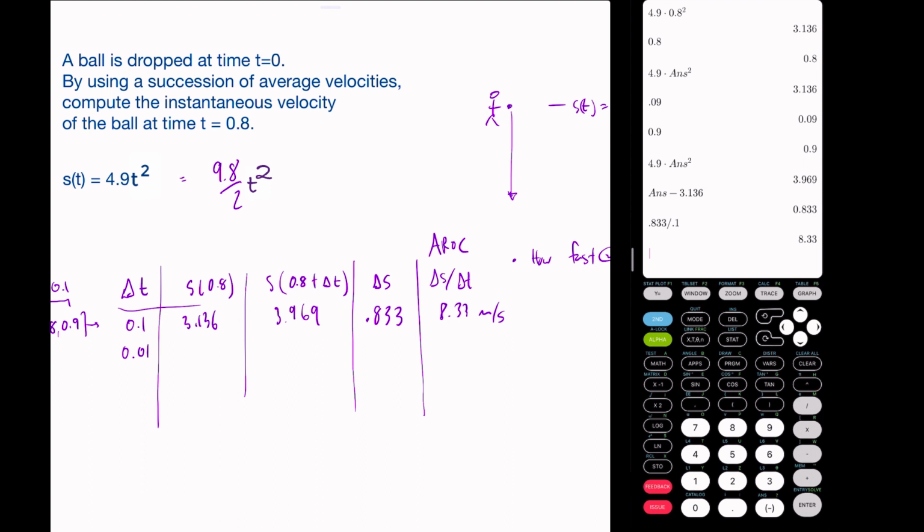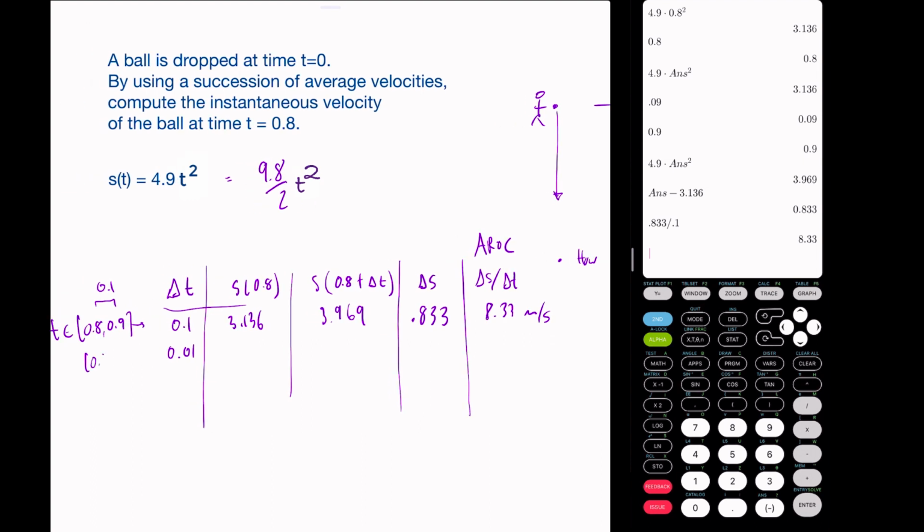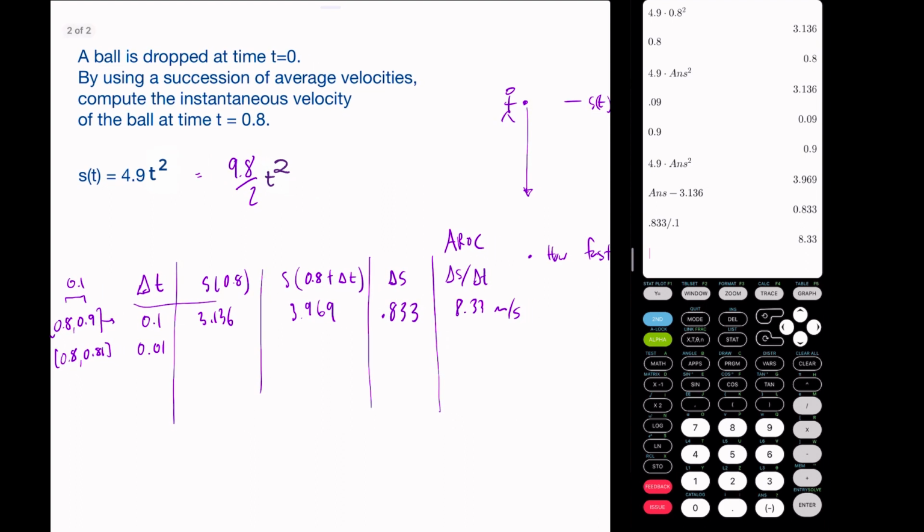0.01. That corresponds to the interval from 0.8 to 0.81, a much smaller time interval, and so we expect it to be a better estimate. This value here, 3.136, didn't change, but now we need S at 0.81.